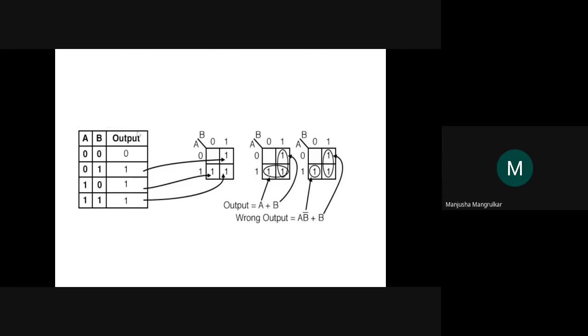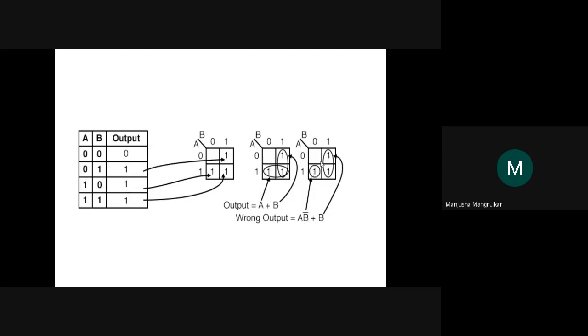Suppose this is our truth table. As per this truth table, we have to solve it. 00 is 0, nothing is there. 01 is 1, 10 is 1, and 11 is 1. We have seen that this is one group, so the value is A. This is another group, so the value is B. If we do it individually, this is AB and this is A complement B, and again we have A complement B plus B. The Boolean algebra theorem gives A plus B, where we remove the complement.